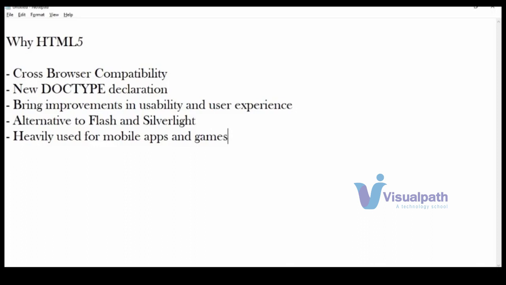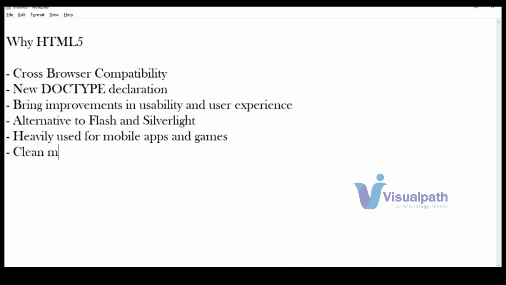HTML5 is also capable of handling multimedia content without the necessity of installing plugins, and we can easily develop interactive games with the technology. We have even seen the multimedia functionality, what is inside the multimedia, right? Media like video, audio, plugins, YouTube. With the help of all these, it has become easier for a developer to develop more interactive and very dynamic websites. Okay. Now let's go to the next point.